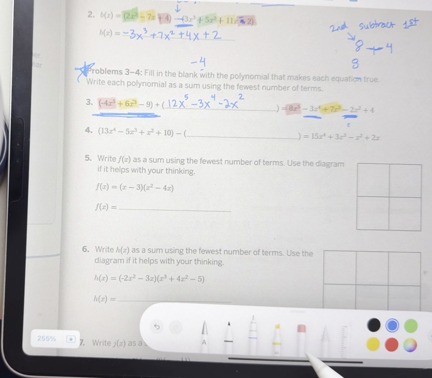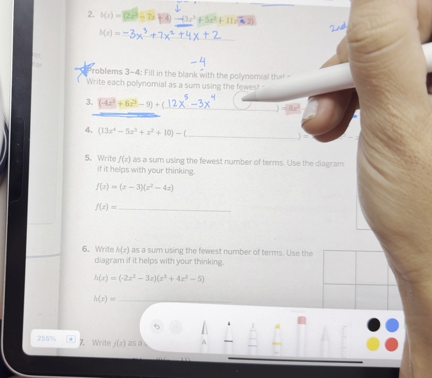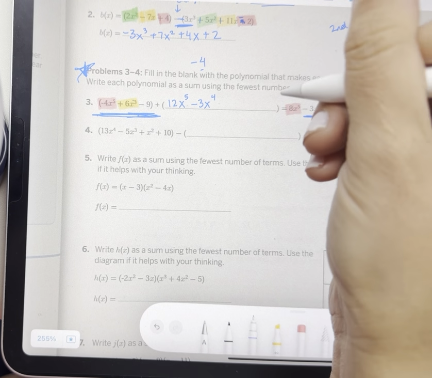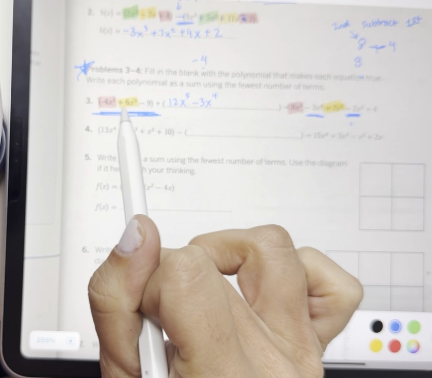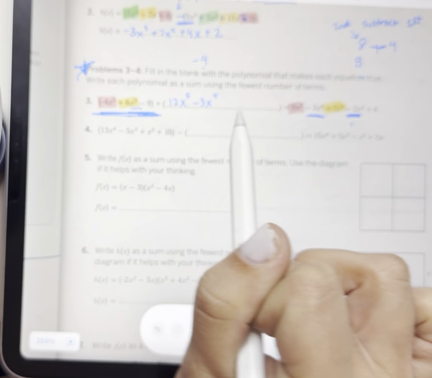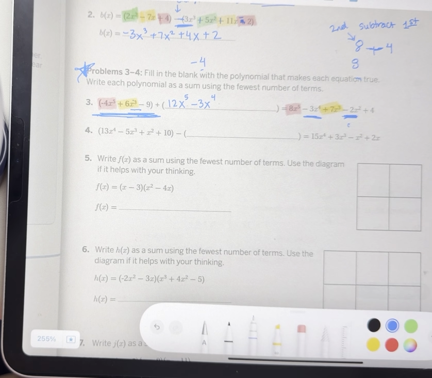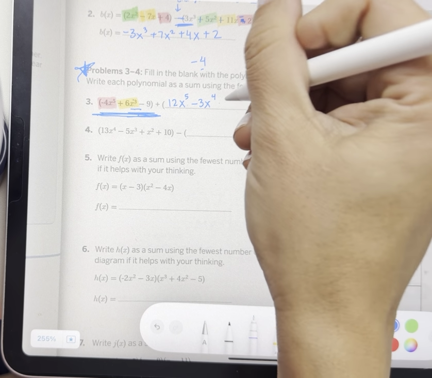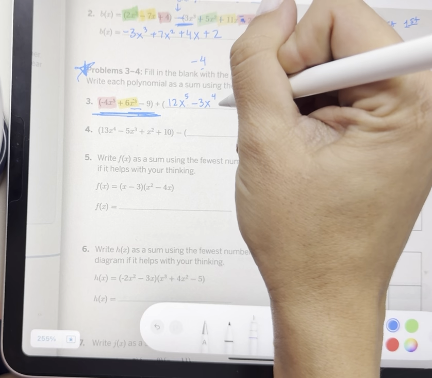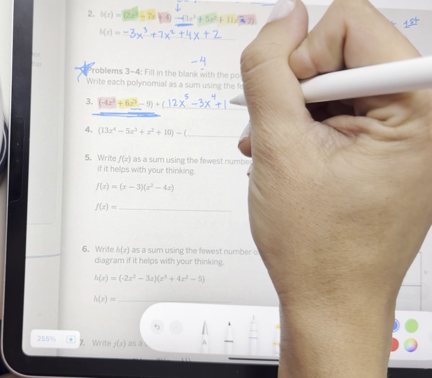Yeah, you're totally right. I forgot about the x cubed. I highlighted it and then I forgot all about it. Okay, if I had 6x cubed, I added something and it became 7x cubed. What did I add? 6 plus what is 7? That would be 1. Just 1. So just a 1x cubed.